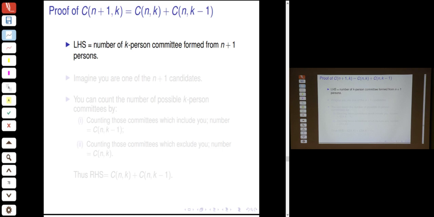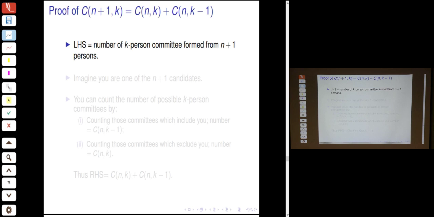Now I want to count the left-hand side in a certain way. This is n plus 1 choose k. We have seen the example: n plus 1 choose k can be viewed as the number of k-person committees formed from n plus 1 persons. From this collection of people, you form a k-person committee.